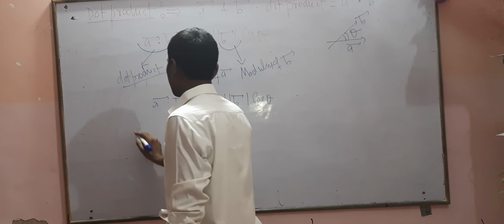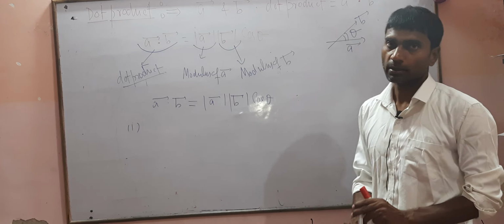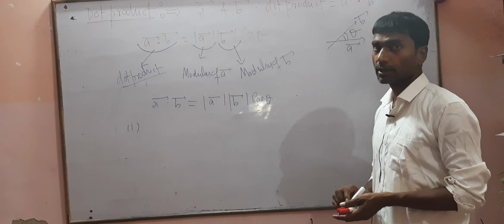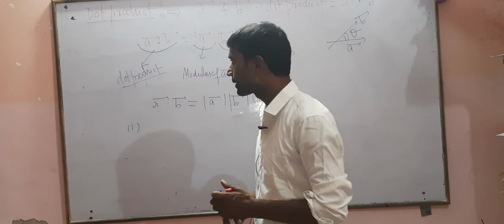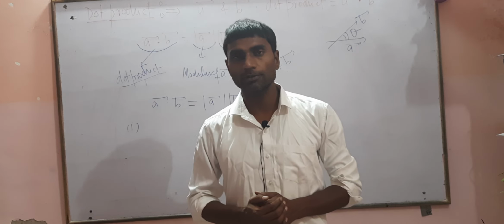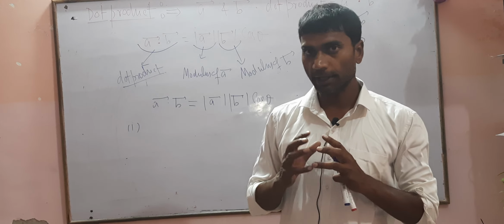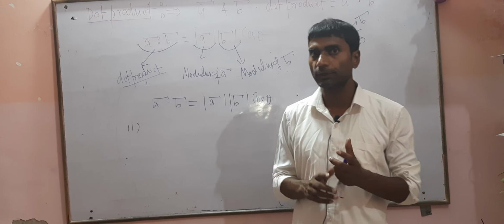What will be the first condition? We are trying to find some important points. A dot B equals mod A mod B cos theta. We are trying to find the condition of A dot B for an acute angle.